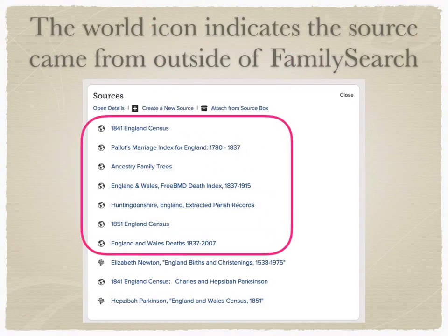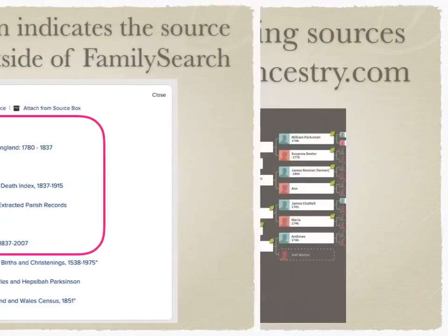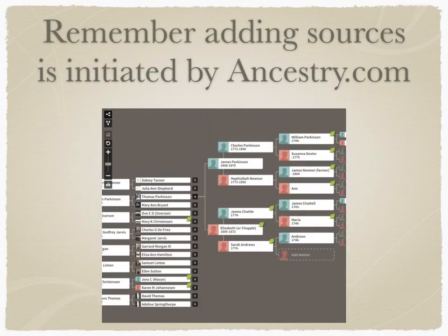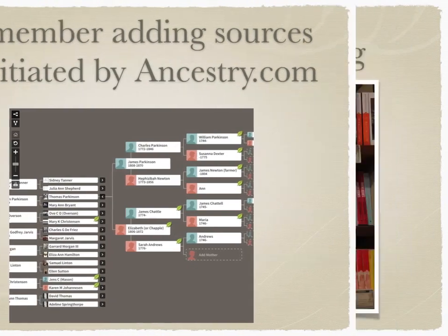And by clicking on each of those icons, you can then return directly to the source and see the original record on Ancestry.com. Remember that adding sources is initiated by Ancestry.com, not by FamilySearch. So you're going to need to build your tree in Ancestry to take advantage of this particular feature.